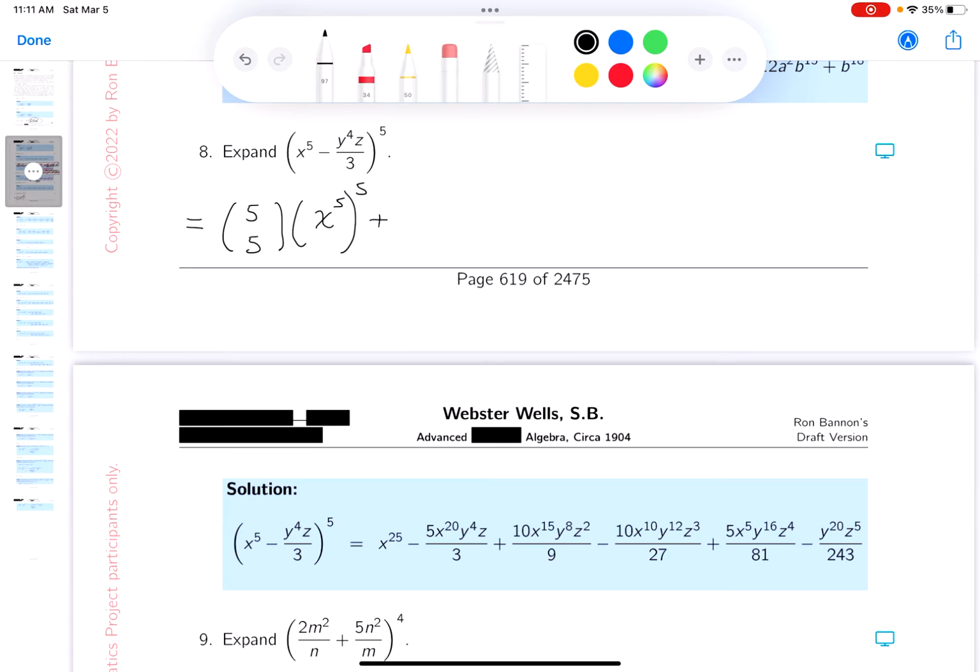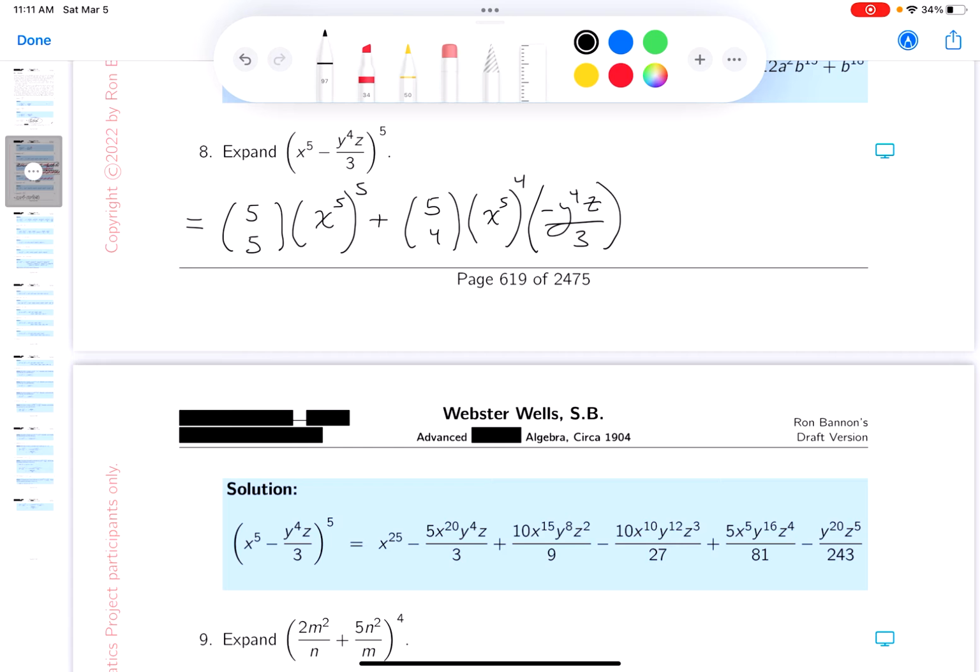The next term is going to be 5 choose 1, x to the 5th raised to the 4th, and that second term, which is minus y⁴z over 3 to the 1st power.